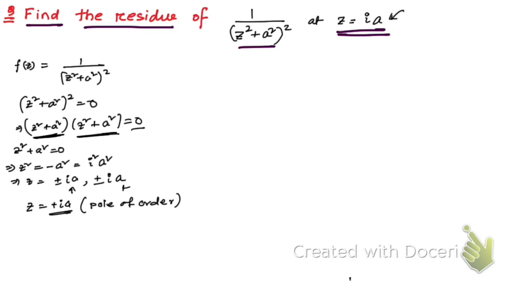So now, we know how to find the residue at a pole of order n. If you don't know, then let me write the formula here.